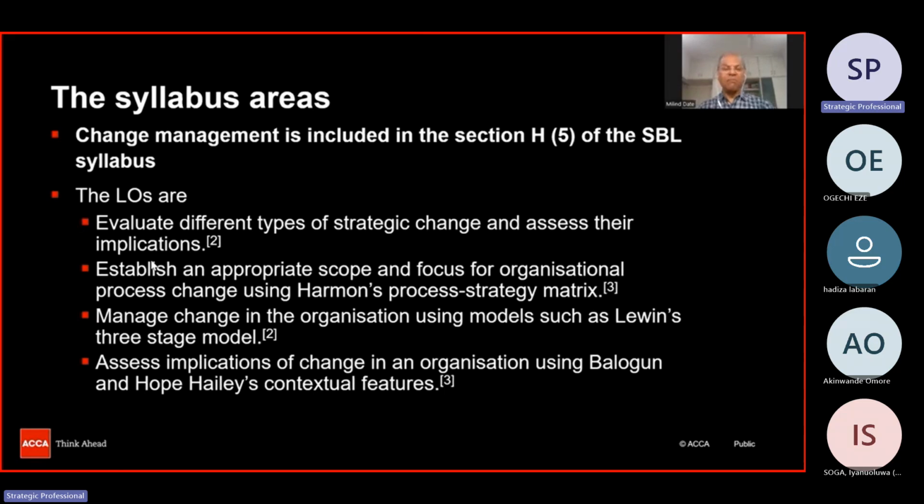Before you tackle the change management task, you should also have prior knowledge of the analysis of the strategic position of the organization and the various strategic choices available to bring about changes contemplated in future.